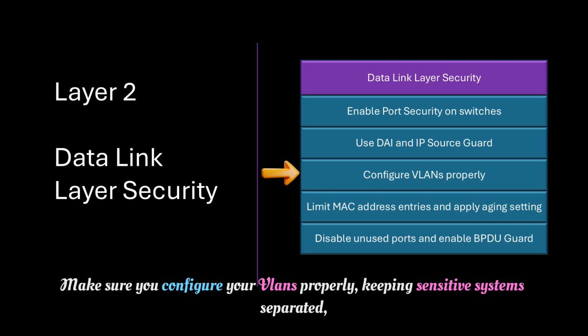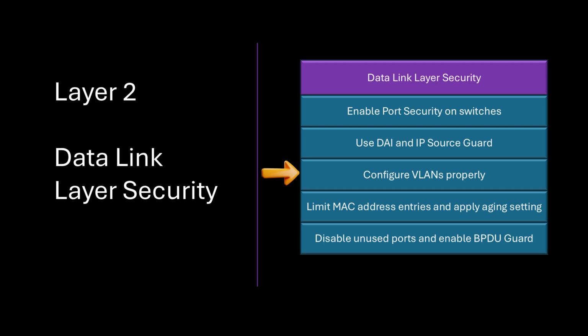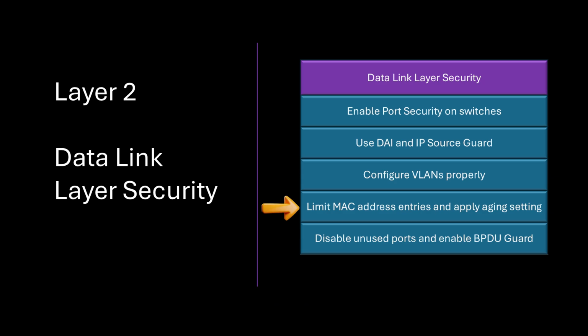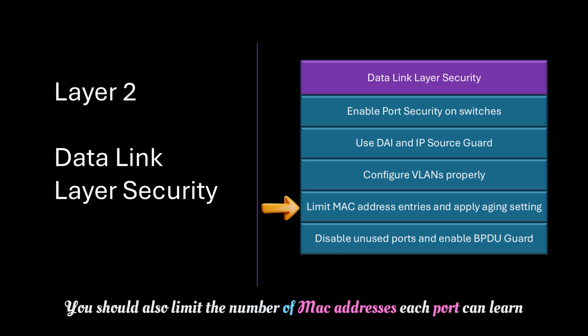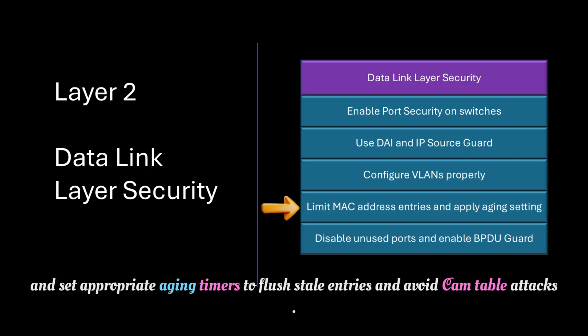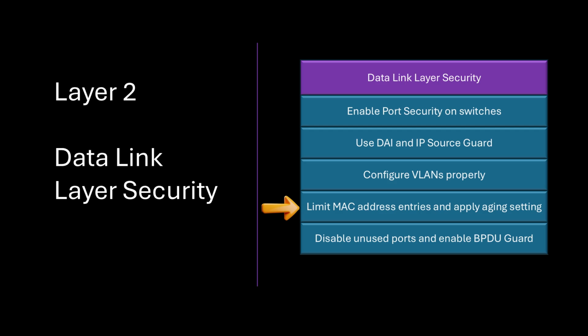Make sure you configure your VLANs properly, keeping sensitive systems separated, and where possible, use private VLANs to isolate devices even further. You should also limit the number of MAC addresses each port can learn and set appropriate aging timers to flush stale entries and avoid CAM table attacks.